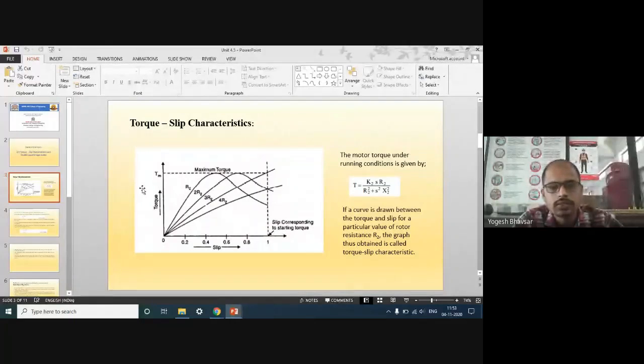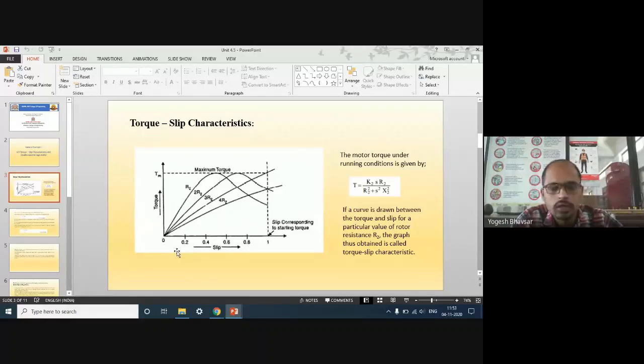This curve is applicable to both types of motor, but the different values of resistance apply to the slip ring induction motor.